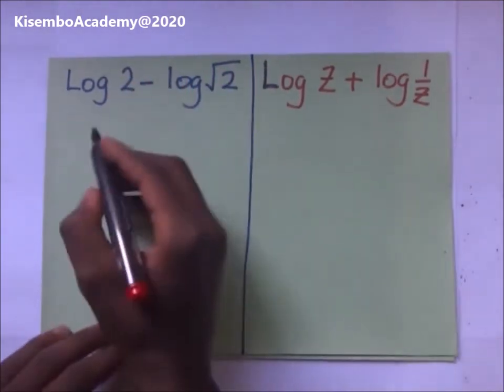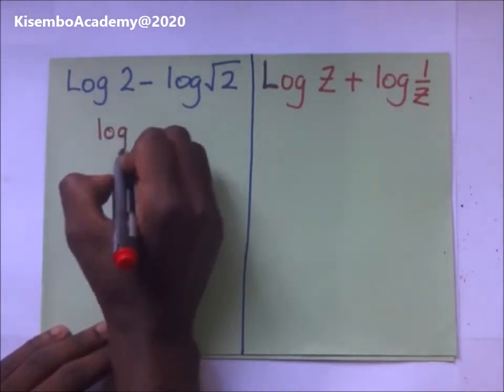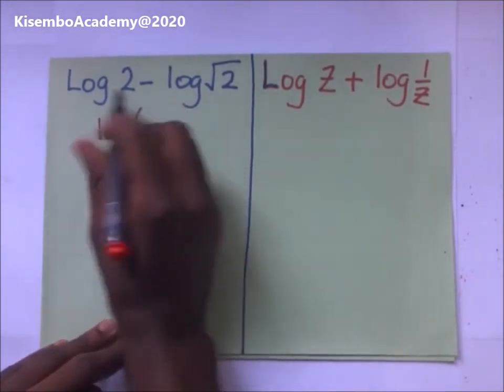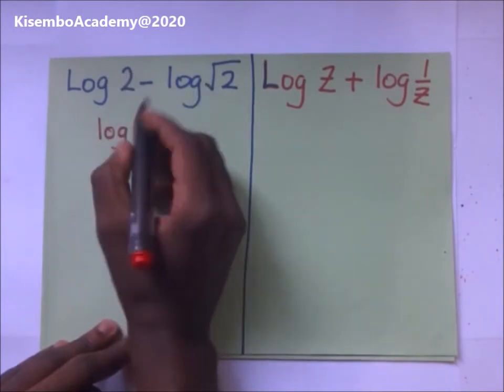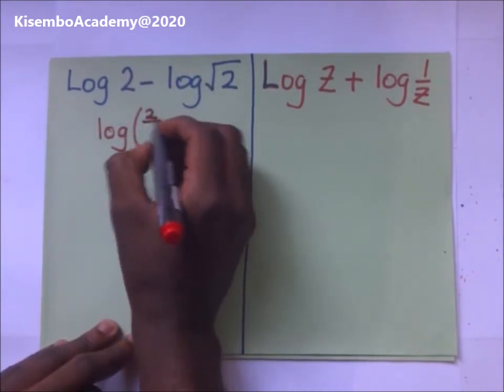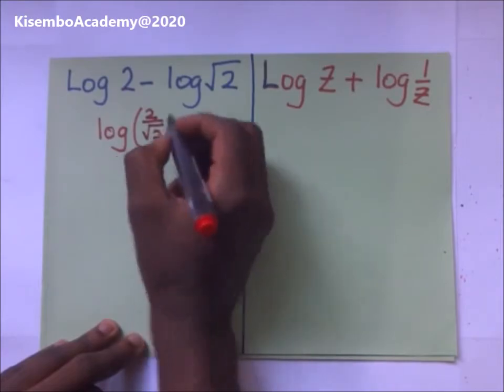So we shall maintain the log with its base. It's log base 10 of, since it is subtraction, we divide: 2 divided by the square root of 2.